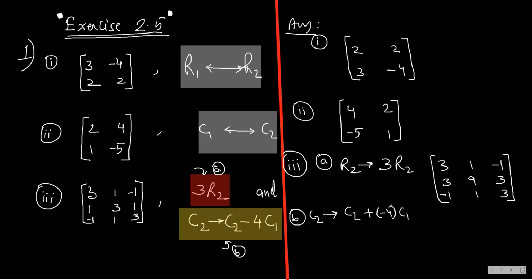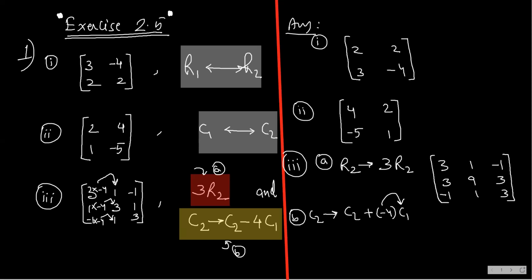How do I take it? I think I'm multiplying minus 4 to the elements of C1, and whatever I'm getting, I'm adding it to C2. This is how I perceive it.